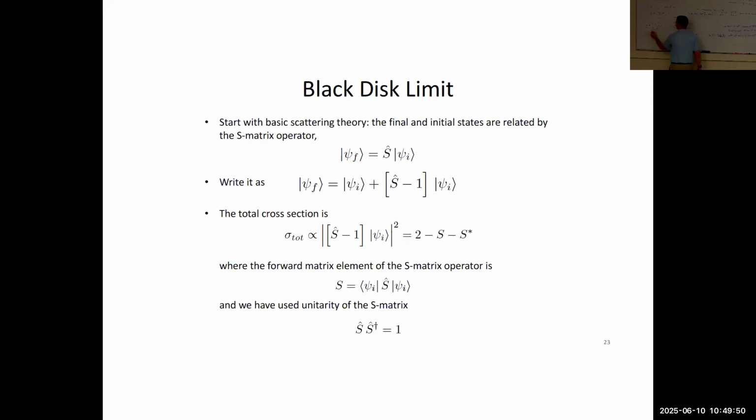S dagger S by unitarity is 1, so you're going to get 2 minus S dagger, right? At the operator level, and then if you sandwich that between the initial states, you're going to get just S and S star. Okay. So far so good.